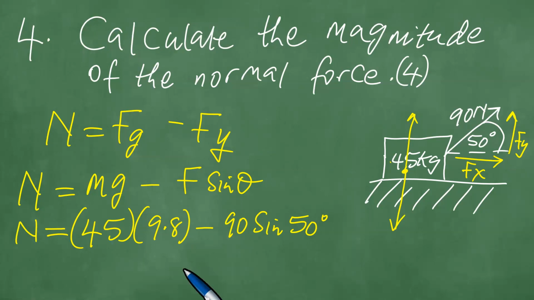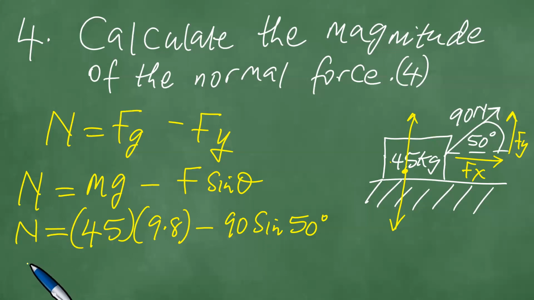And then you say an interaction of the two forces, because the normal force itself is a consequence of the interaction between the ground and the object itself. And looking at this, you'll be able to see that the force of gravity is mg, and the upward force itself is Fy, the vertical component.